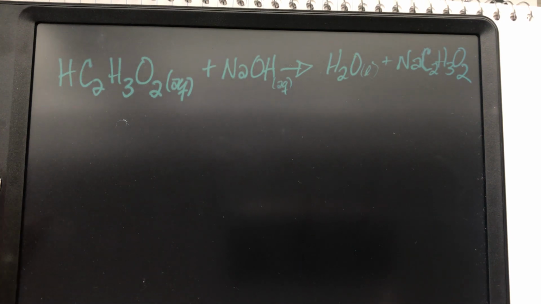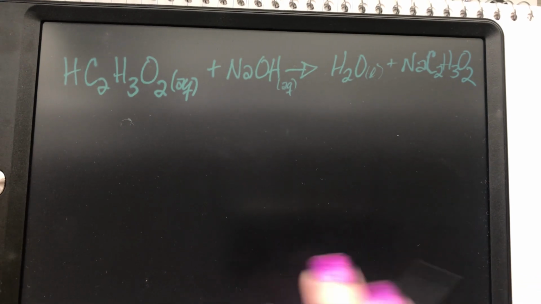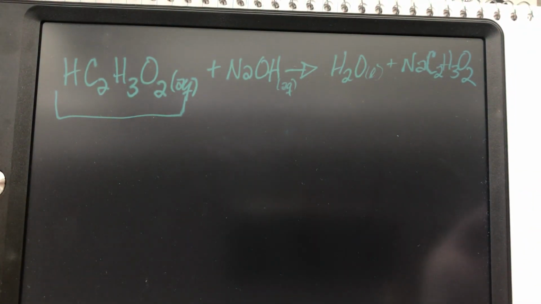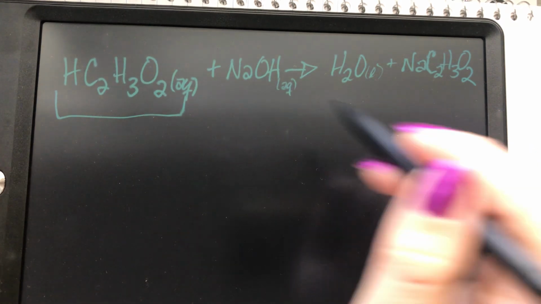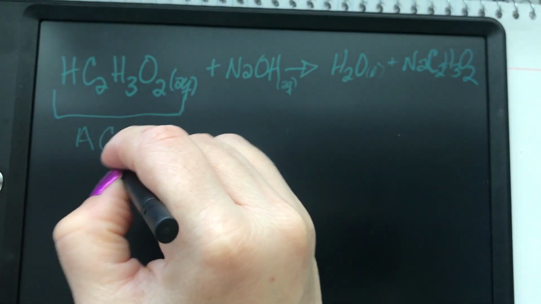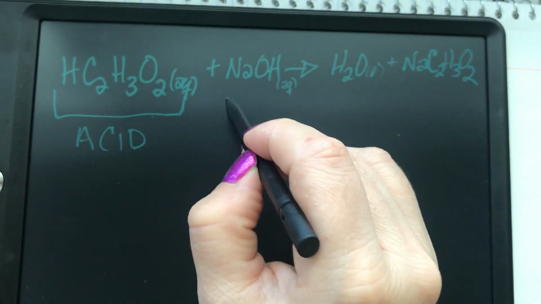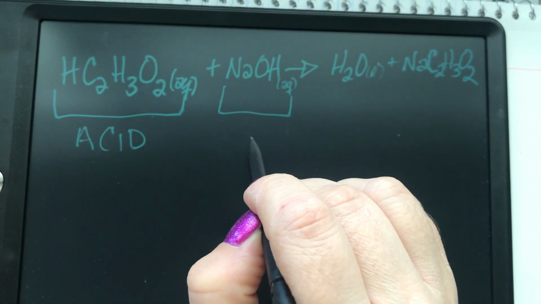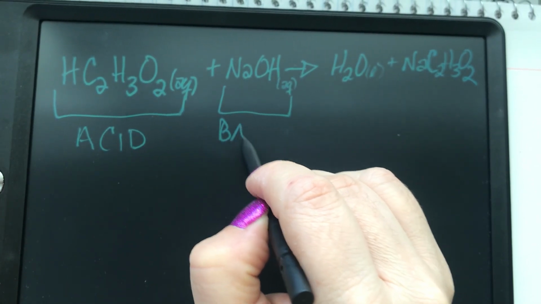So, looking at what we've got here, what is this guy in terms of our acid-base reaction? That's the acid. This is the acid. And this guy? He's the base.